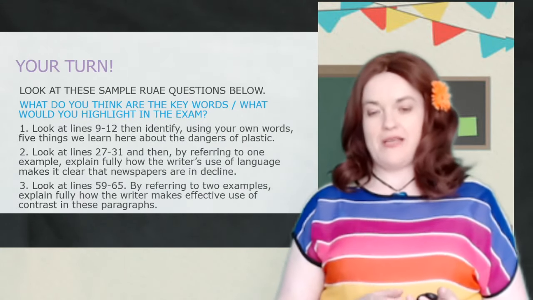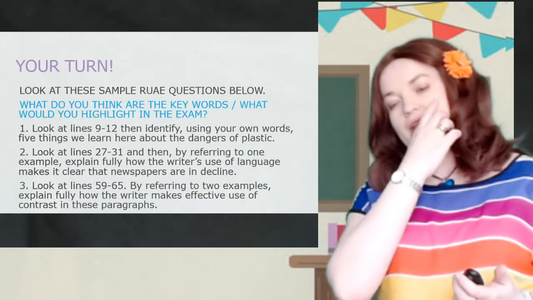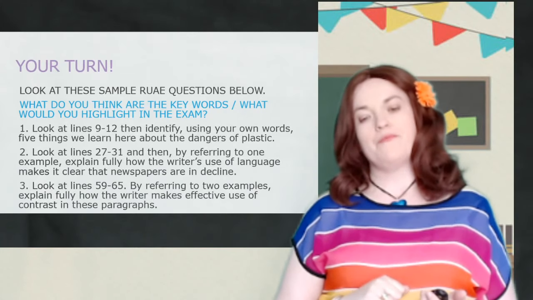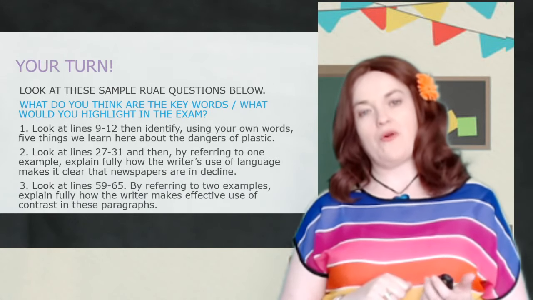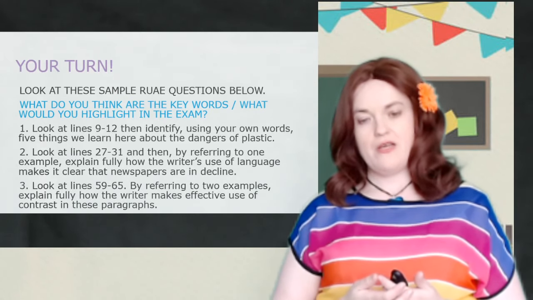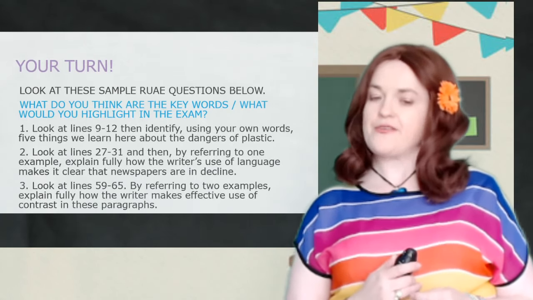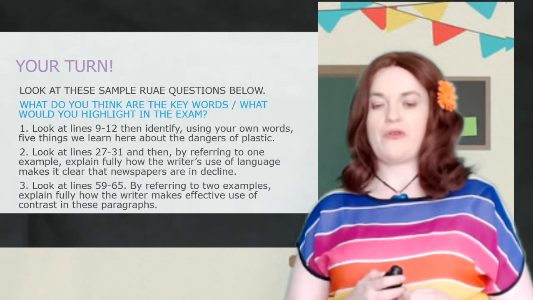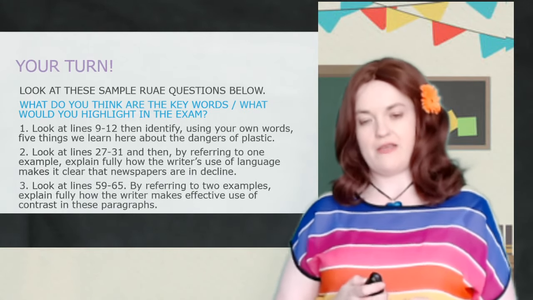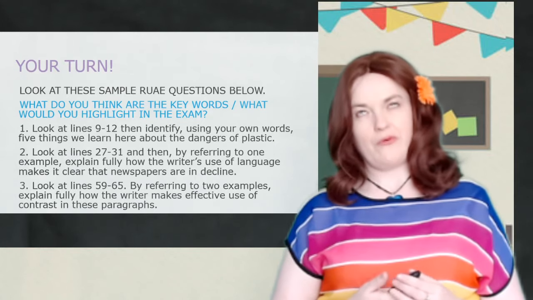So here's a wee sample RUAE question. What do you think the keywords are? So if these 3 were in front of you in the exam, what would you highlight from the questions? So for example, number 1, look at lines 9 to 12, then identify, using your own words, 5 things we learn here about the dangers of plastic. I'm not going to read them all out because I hate when people do that with a PowerPoint.